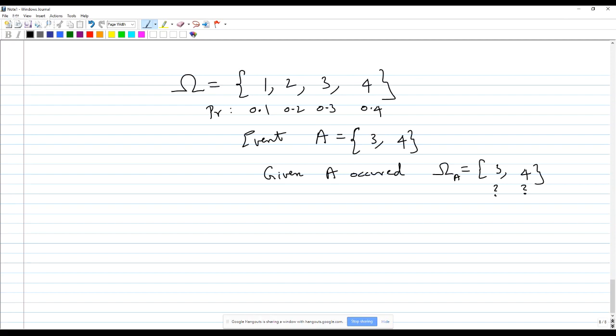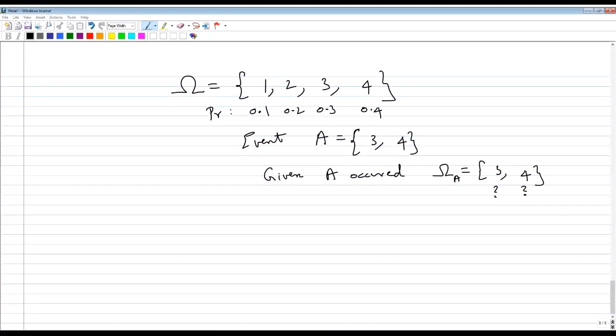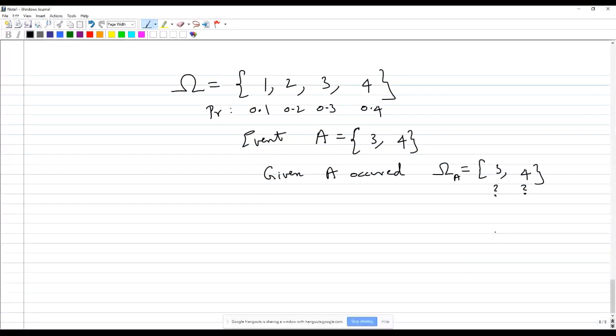You can't say 0.3, 0.4, right? Because that clearly does not add up to 1. So what is the probability you should put there? That's where the conditioning will tell you what to do. The probability you put there will be 0.3 by 0.7, and 0.4 by 0.7. That's the theory of conditional probability.